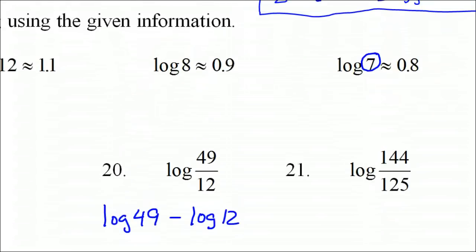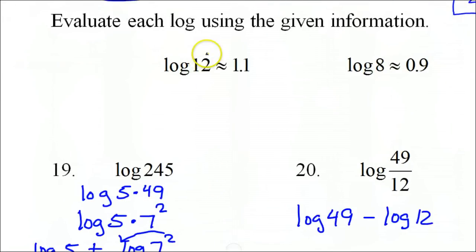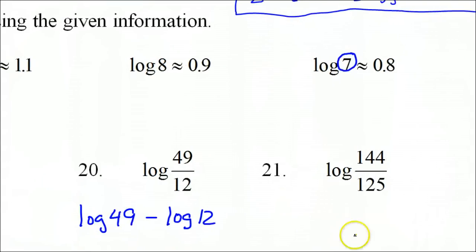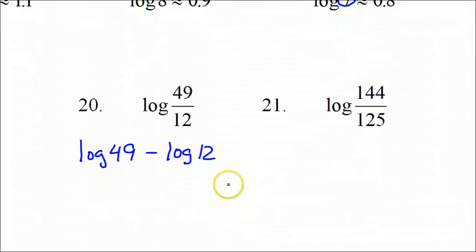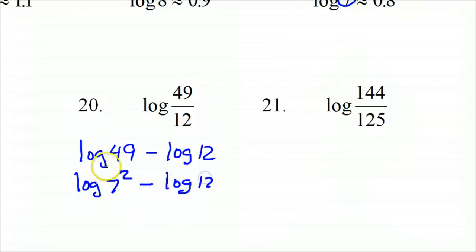But 49, again, we can write as 7 squared. And then we'll be good. So this will be log 7 squared minus log 12. And this 2 is going to come out in the front. So this will be 2 log 7 minus log 12.